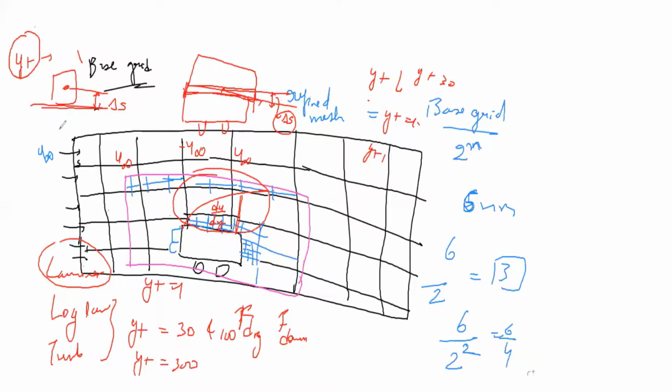This is very important, and based on this, your cell count will be determined, how many cells there will be. Basically it also depends on your turbulence model, which kind of turbulence model you're using, whether k-epsilon, RNG k-epsilon, or a different turbulence model. That will decide what your y plus should be.